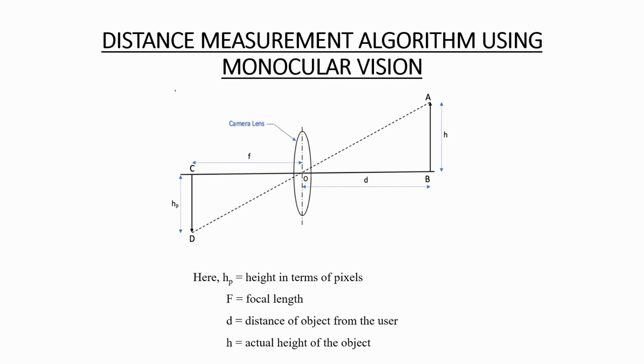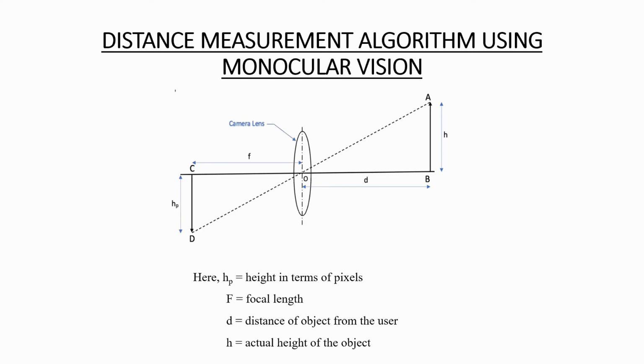That would make our final product more compact and cost efficient. One of the drawbacks in monocular vision was that it requires the height of the object that is being detected. To overcome that drawback, we made a dictionary which has average heights of all the objects that are present in our classes.